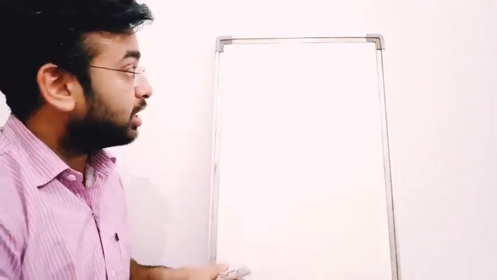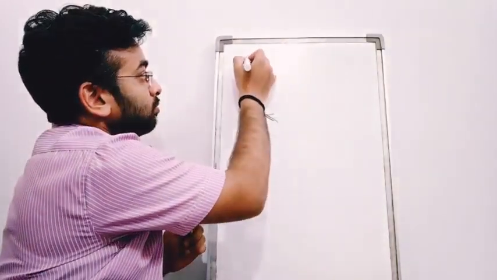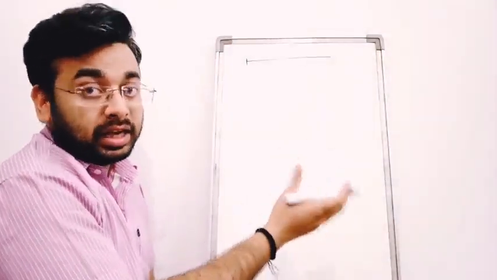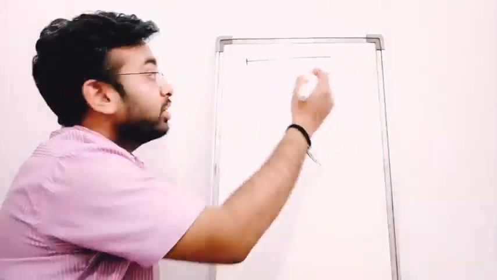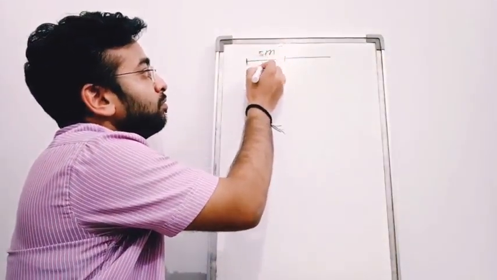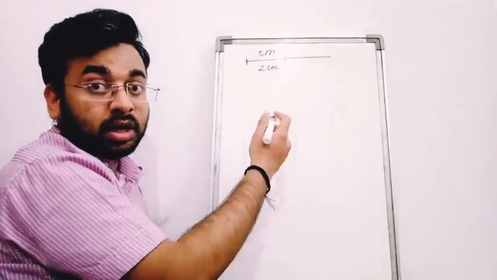Now, when an object covers equal distance in equal interval of time, then it is termed as uniform motion. Let's say person A is traveling and has covered a distance of 5 meters in 2 seconds.